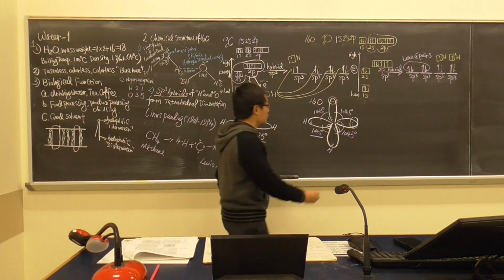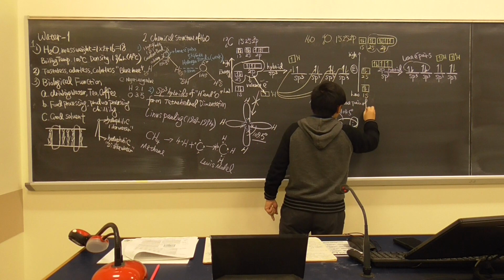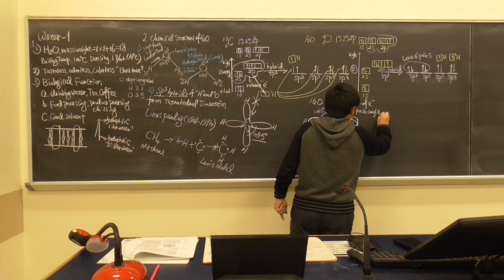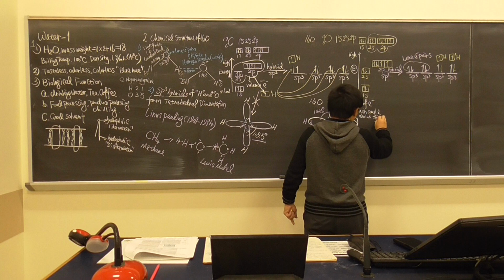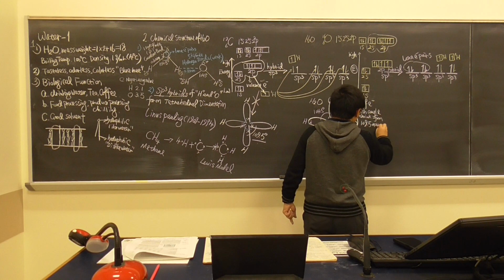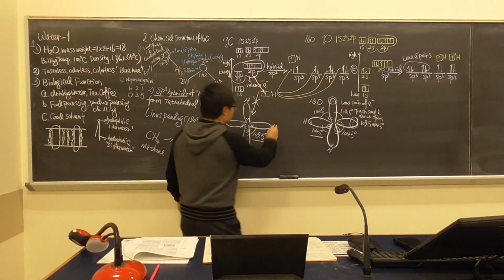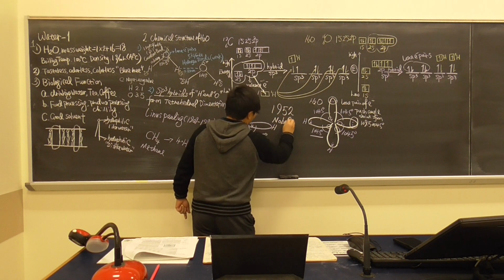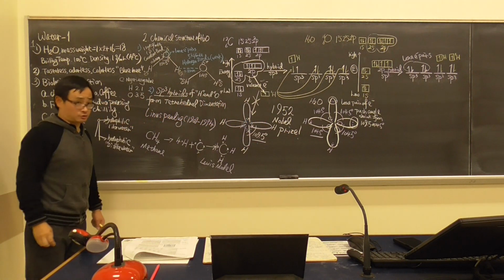The lone pairs of electrons push and shrink the angle from 109.5 to 104.5 degrees. That's what it looks like. And this theory won the 1952 Nobel Prize. It is very important. That's why I want to introduce it to you.